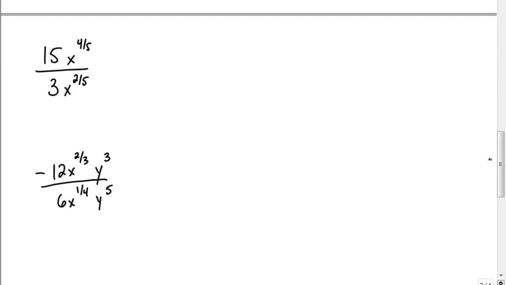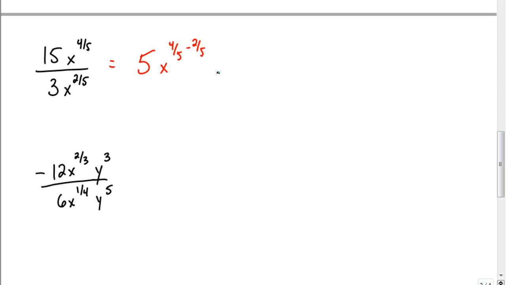Let's look at a couple of examples here. Dividing, we still divide the 15 divided by 3 normally, so that's just 5. But now with my variables, I'm going to subtract the exponents. So I would have 4/5 minus 2/5.